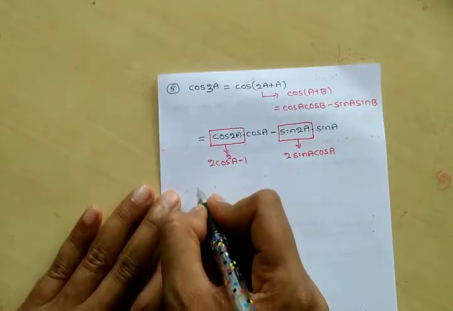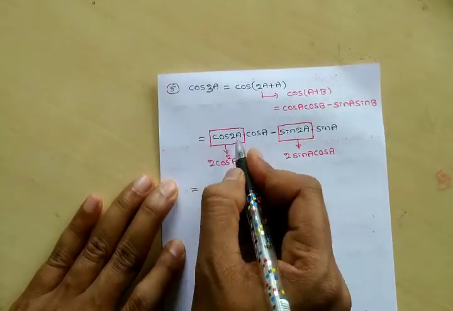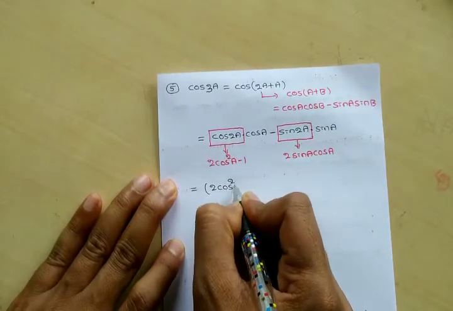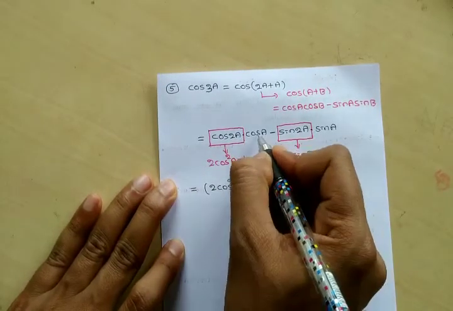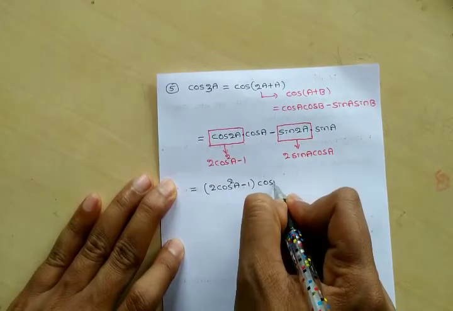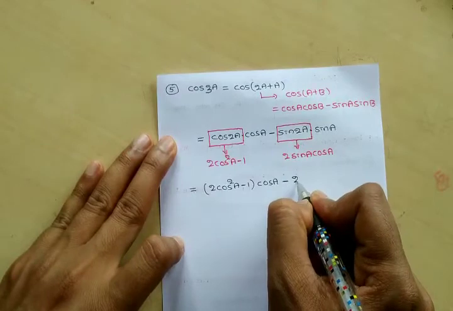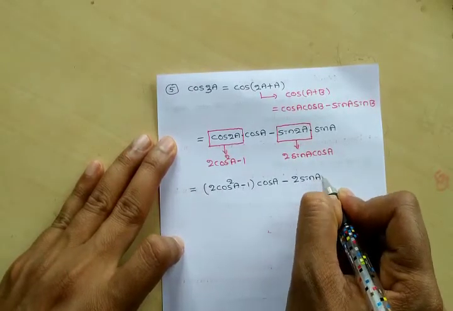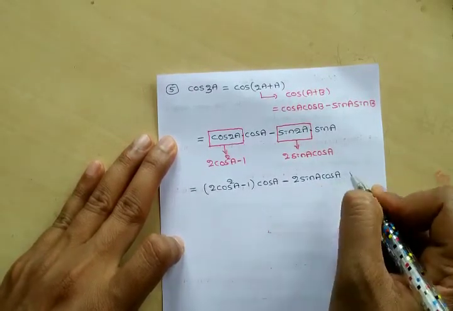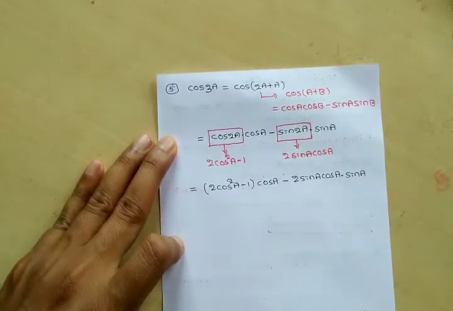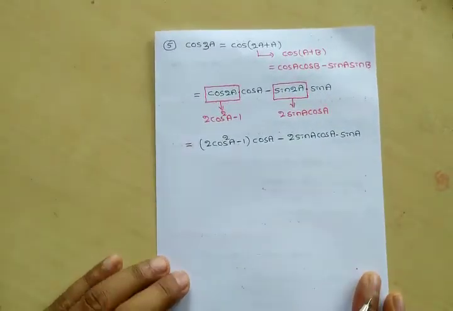Which is equal to, cos 2A is nothing but in bracket 2 times cos square A minus 1 into this cos A, I am going to keep it as it is, minus sin 2A is 2 times sin A into cos A into this sin A, I am going to keep it as it is.